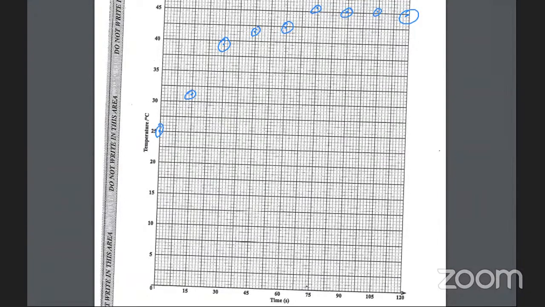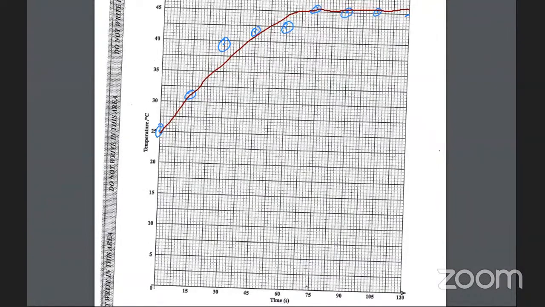All right, so we draw a best fit curve. Probably something like about this. So the graph would look like that. And they ask, from the graph, determine the temperature change.